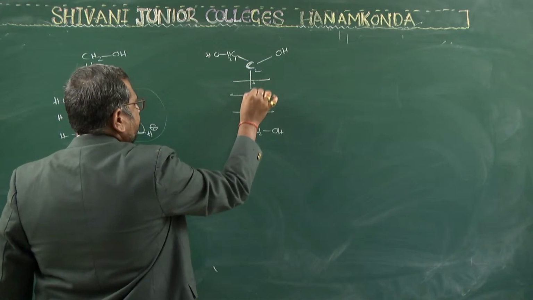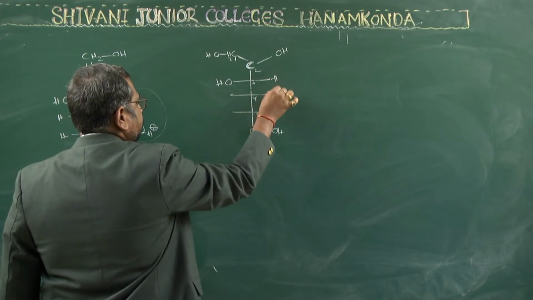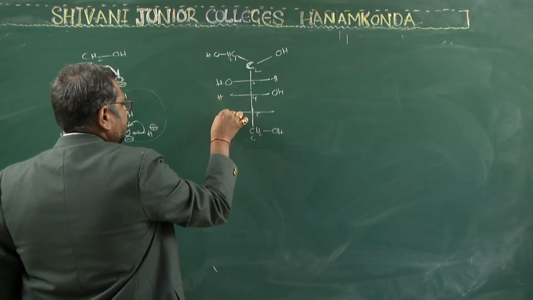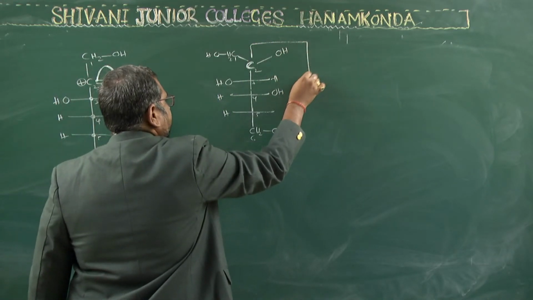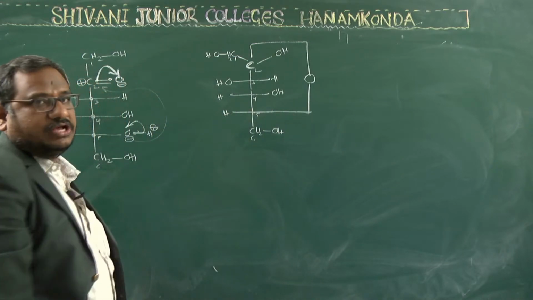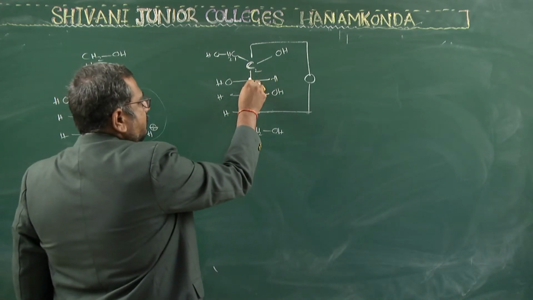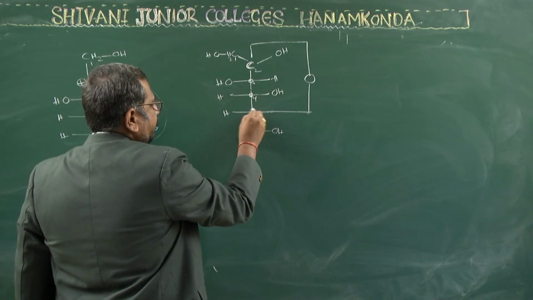Here OH group, hydrogen, OH, hydrogen, and the ring formation takes place between the second carbon and the fifth carbon. See that carefully: 1, 2, 3, 4 and 5.